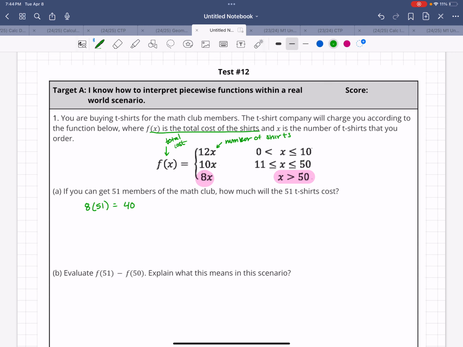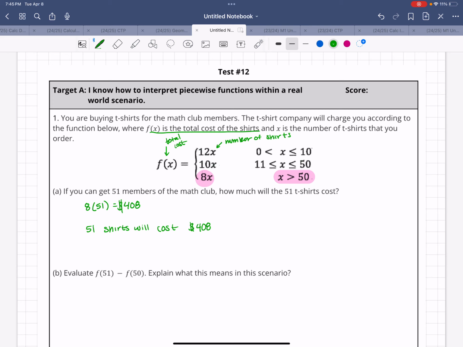I'm going to give you a calculator, so you can multiply 8 times 51 pretty easily. So 51 shirts will cost $408.